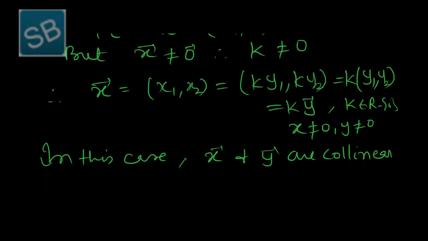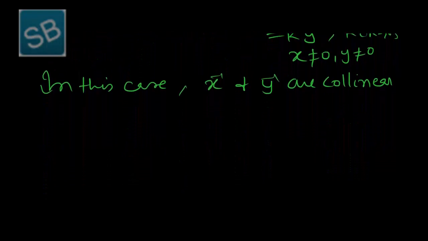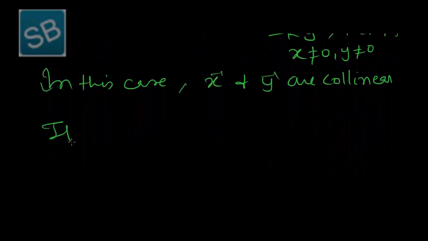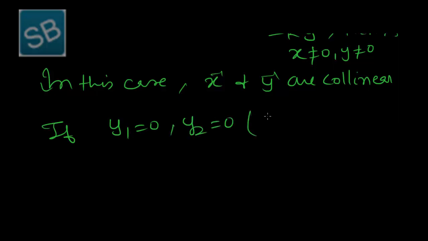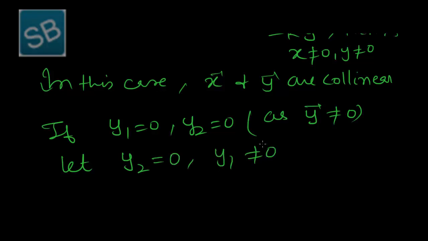And if y1 is equal to 0 and y2 is equal to 0, but this is not possible as y is not equal to 0. Therefore, let one component be not equal to 0. So, say y2 is equal to 0 and y1 is not equal to 0.